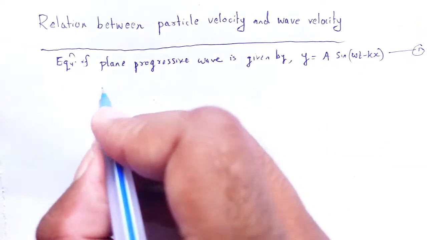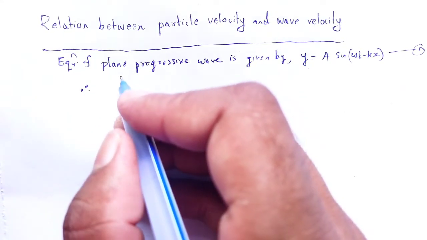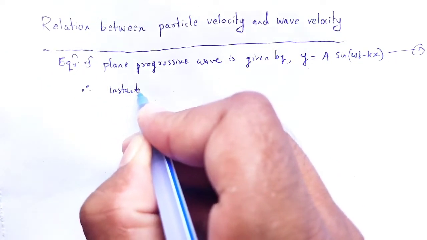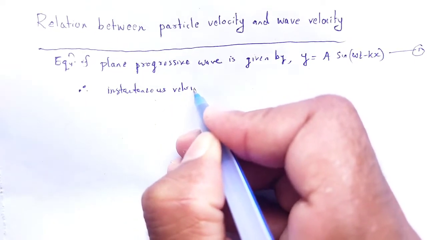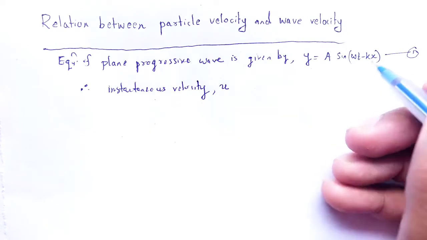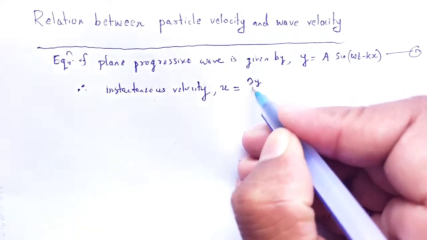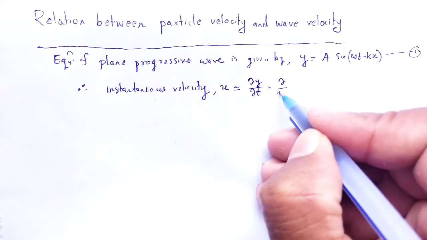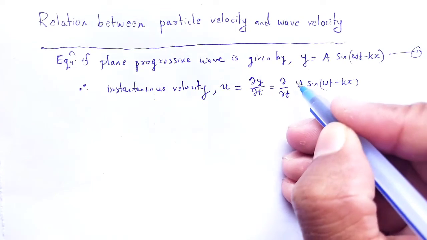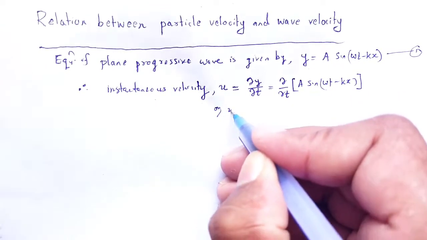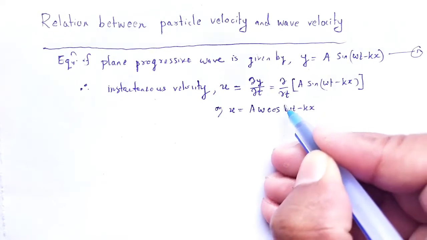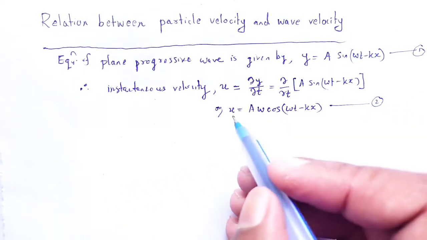So we calculate the instantaneous velocity u at the point x, which is equal to ∂y/∂t of a sin(ωt − kx), or u is equal to aω cos(ωt − kx), that is equation number 2.